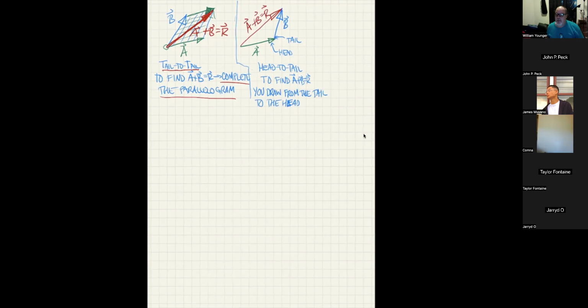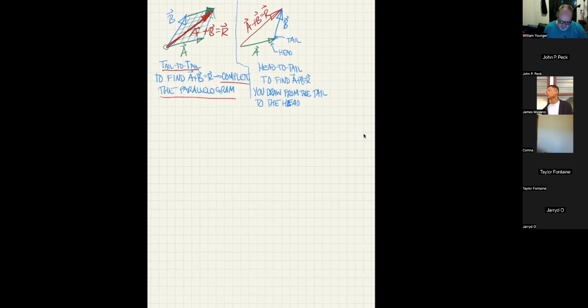So if you took the time to make up a scale, try to make up a scale where you can take as much of the paper as possible just to fit the vectors in, that'll make you more likely to have a better result. And then you use a straight edge and a good centimeter scale that has nice little markings and a protractor.